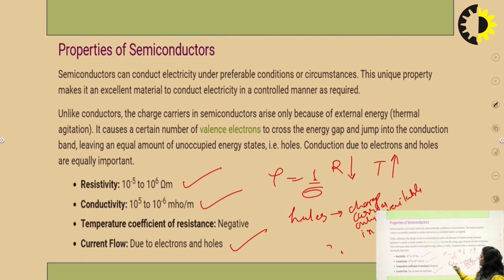These are also known as the absence of electrons. So they will not be present in conductors or insulators. They will only be present in semiconductors.